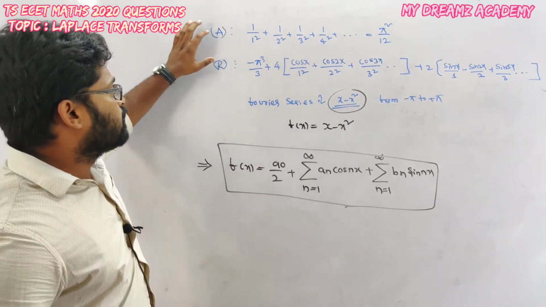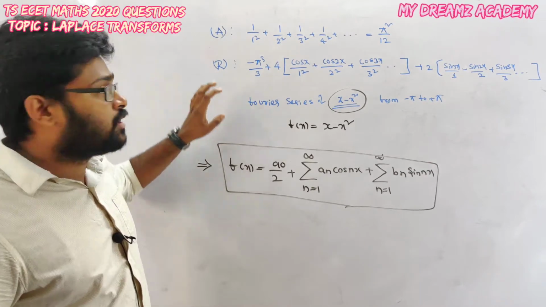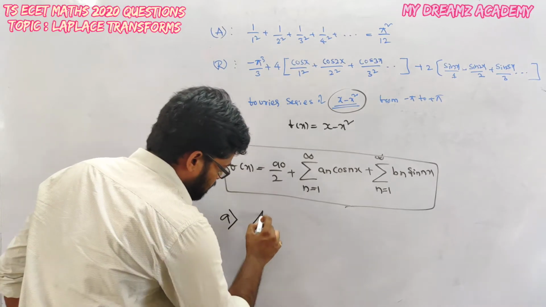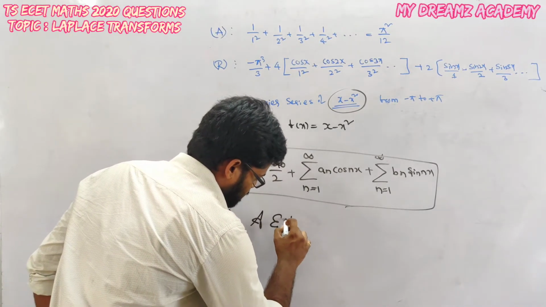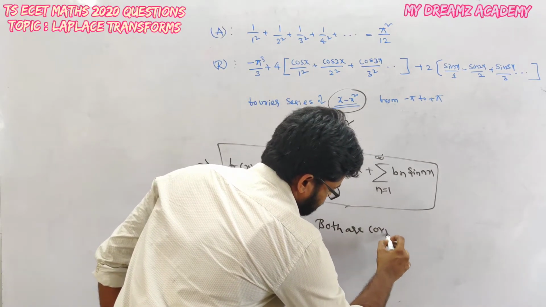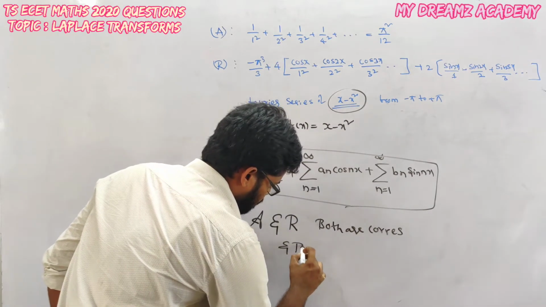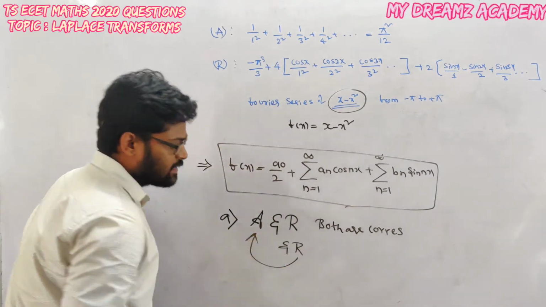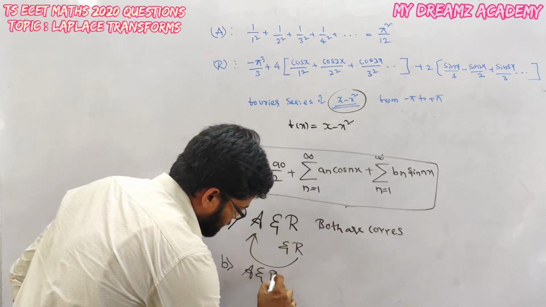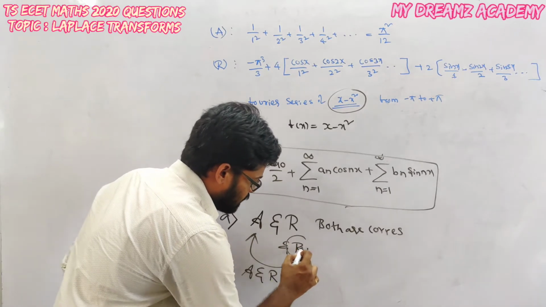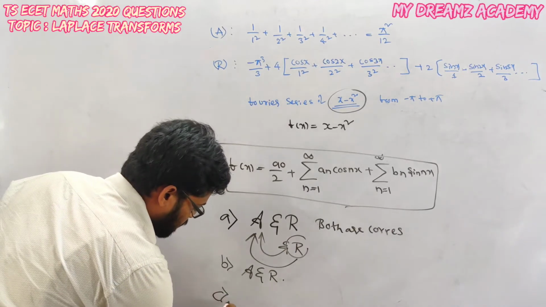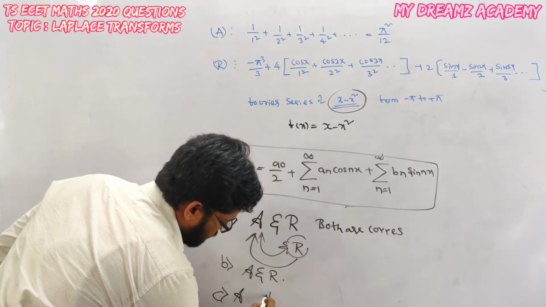And observe the question, it is assertion and reasoning. The options are like this. Option A: assertion and reason are both correct, and the reason is the correct reason for the assertion. Option B: both assertion and reasoning are correct, but the reason does not suit A. Option C: assertion is correct, reason is wrong.